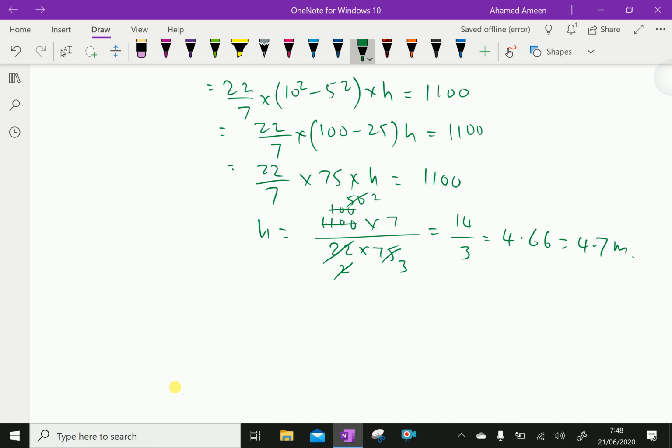Therefore the height of the embankment, the height increase, equals 4.7 meter.